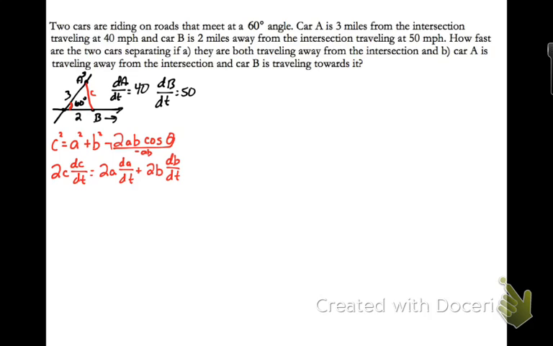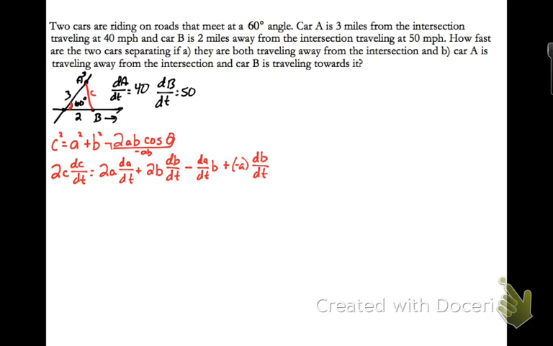So when I use the product rule on that, what I'll find is I'll have minus dA/dt times B plus negative A times dB/dt. This is not a very pretty formula, but it is the best relationship we have in this case.